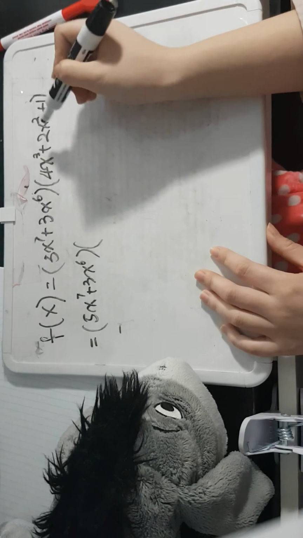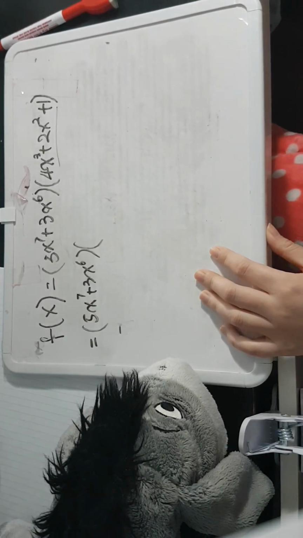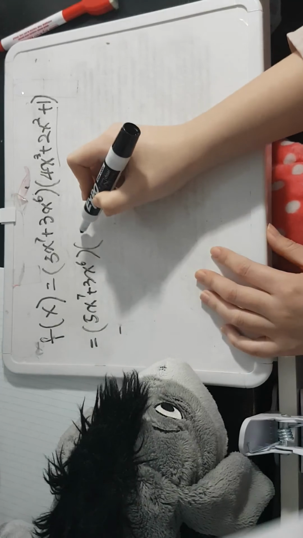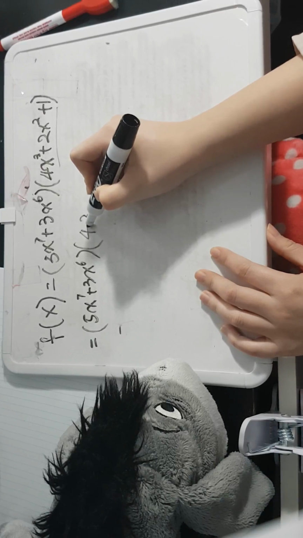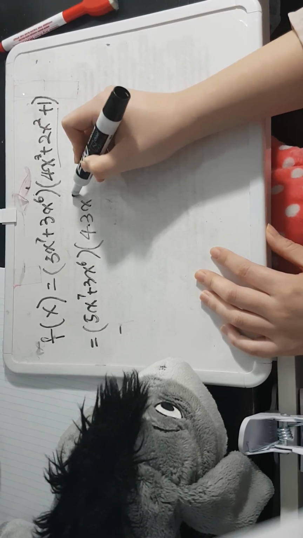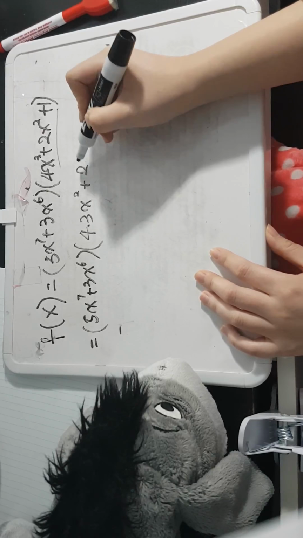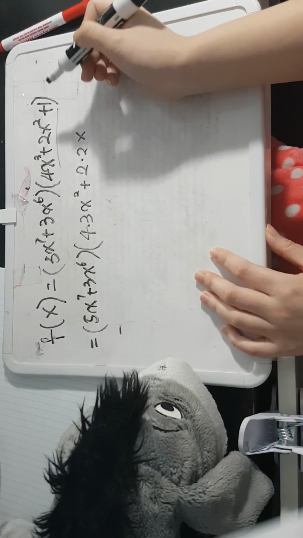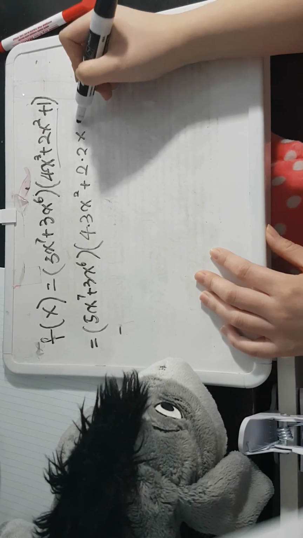Multiply by the derivative of the second function, which is going to be 4 times 3x to the power of 2, plus 2 times 2 to the x power of 1, which is x.